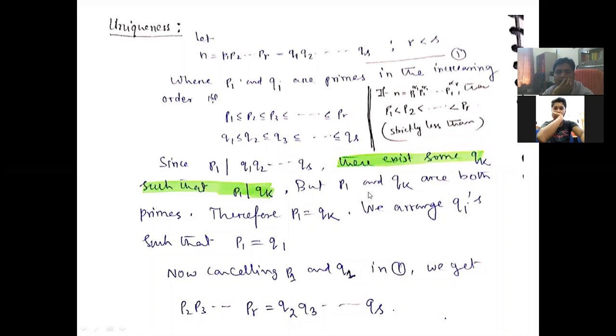इसी तरह का आप एक एक करके कैंसिल करते रहिए. You cancel out one by one. Here you cancel p1 and here you cancel, मतलब it is some qk, so we arrange some qi such that p1 equal to q1. We take k equal to 1. Okay, suppose it is q1.